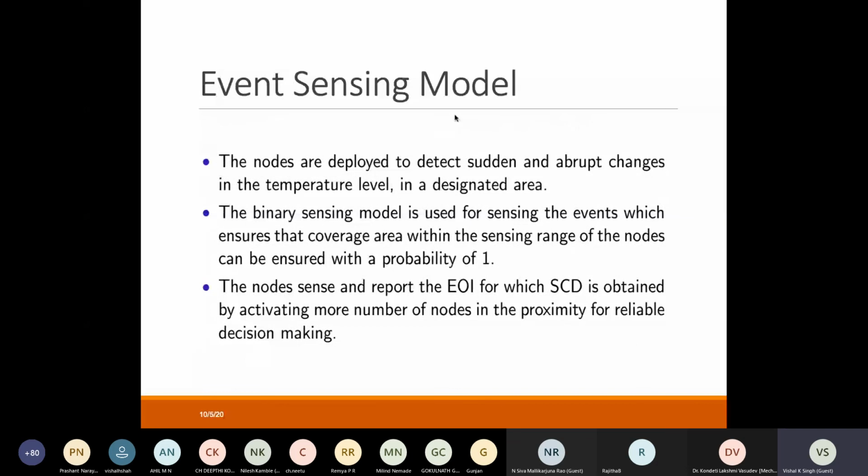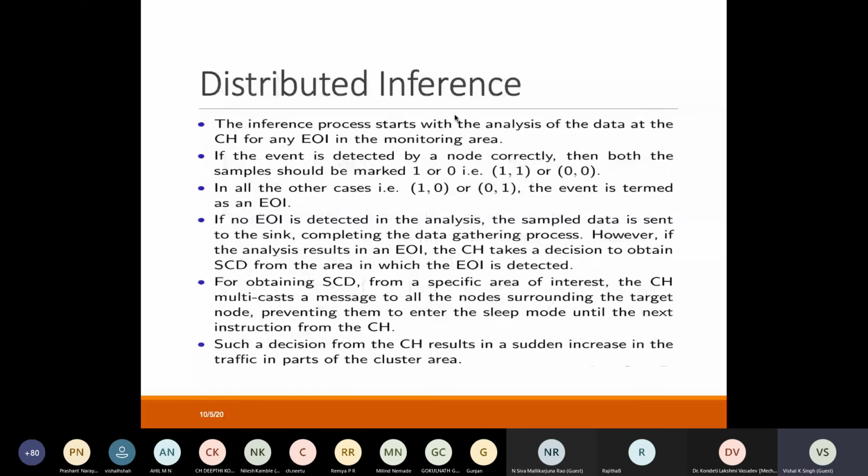And we identified this pattern. We employed a technique for identifying this pattern of detection of events. As I said, 1 1 if the events are reported correctly, or 0 0. But 1 0 or 0 1 is not a valid response, because for the entire duration, this must be 1 1 or 0 0. The event either happens or it does not.